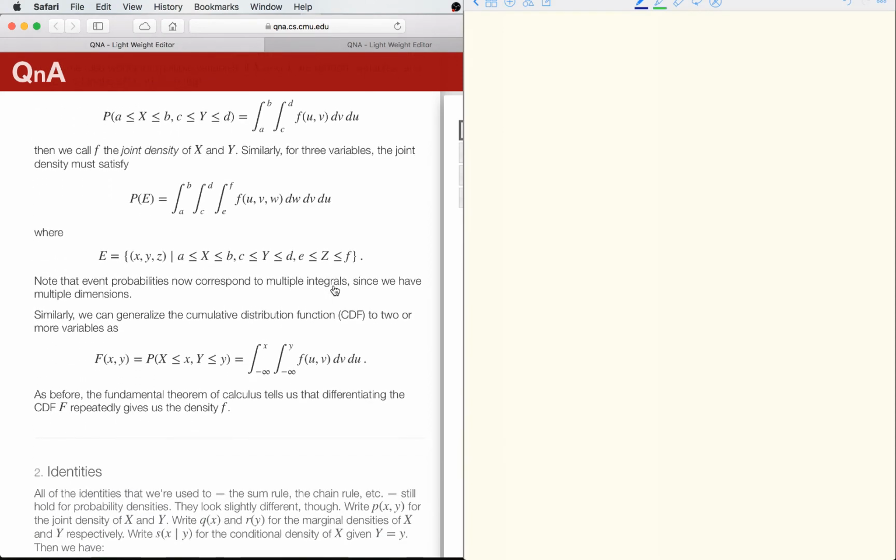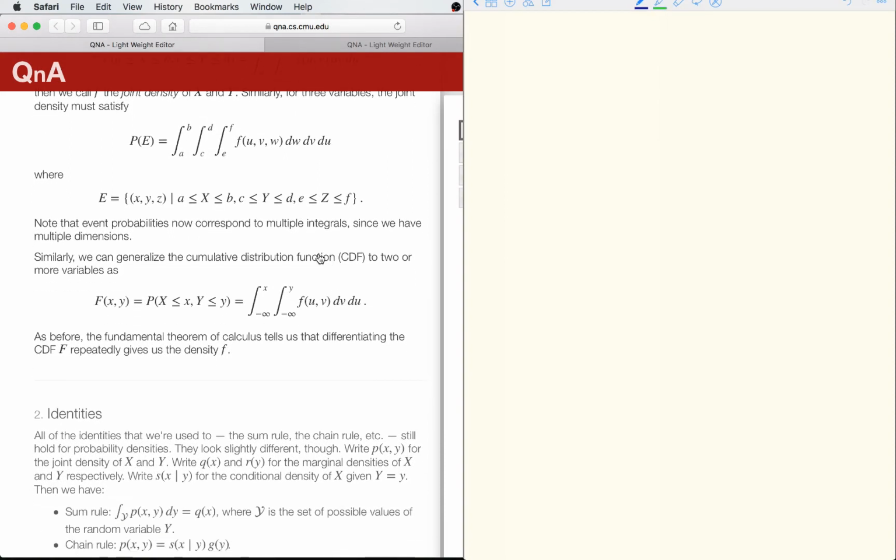The difference now is that, because there are multiple random variables, the probability of an event is a multiple integral instead of just a single integral the way it was before. And so you can also generalize the cumulative distribution function, right? It's the probability, for some cutoff little x on the x variable and some cutoff little y on the y variable, that x is less than its cutoff and y is less than its cutoff.